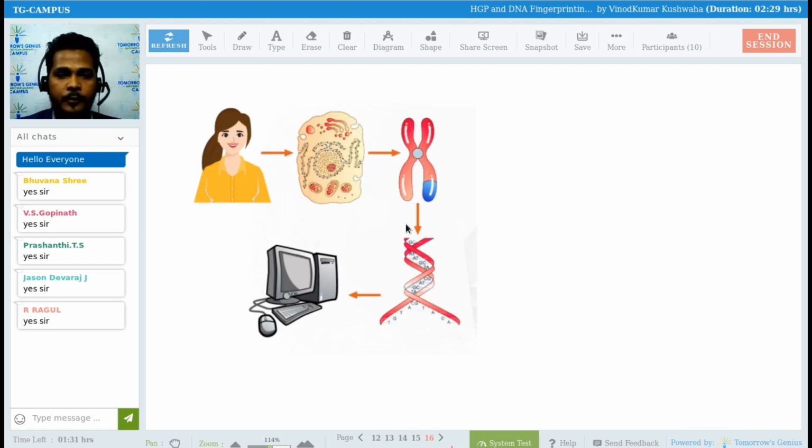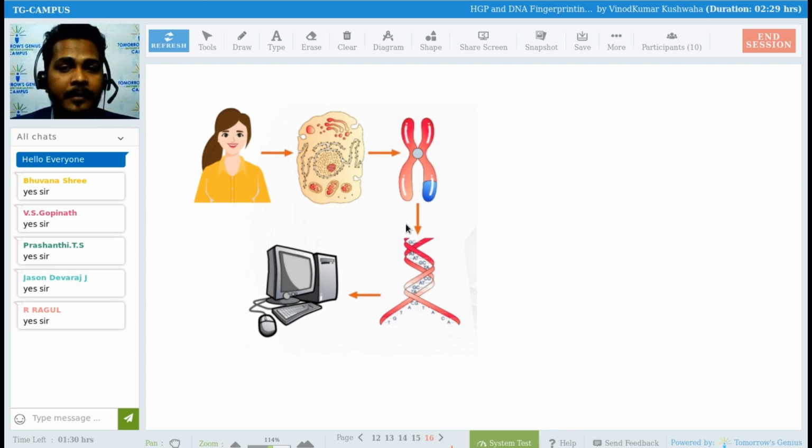Yes, so now come to this particular diagram. What does this diagram represent? As we have already studied, there are basically two methodologies, or two approaches, for sequencing the Human Genome Project.